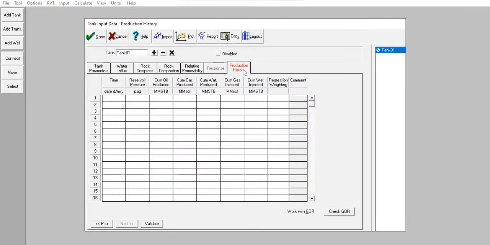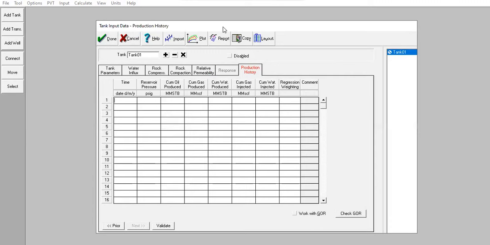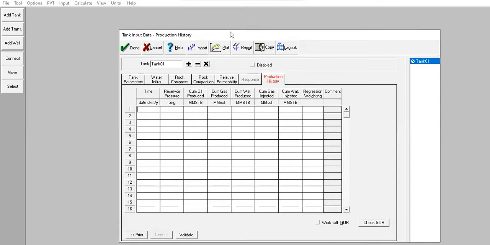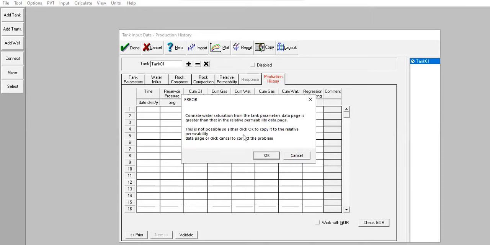Now for the production history, I will leave it blank, all right, because I will do reservoir allocation. So I have the production history from a particular well, from one well, and I will allocate the production history to each tank, to each reservoir. All right, so we can skip this one, production history, click done.